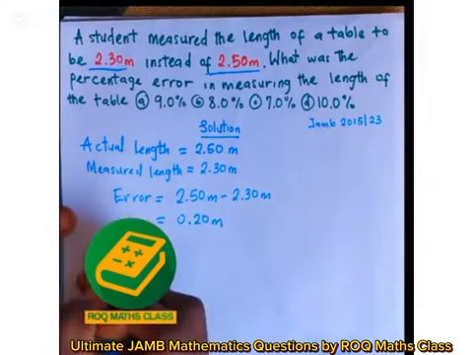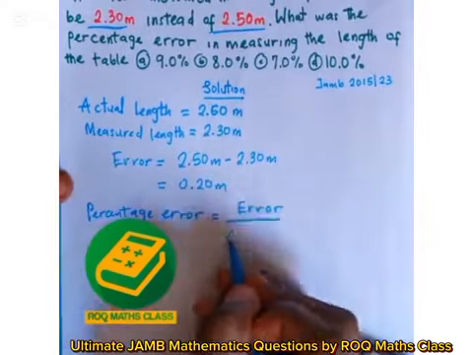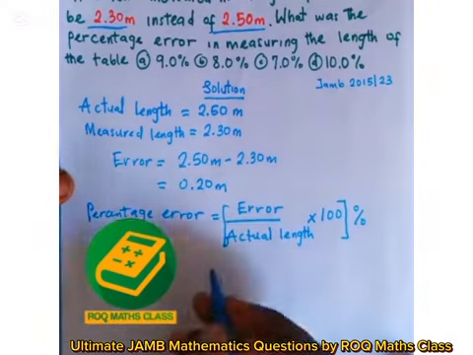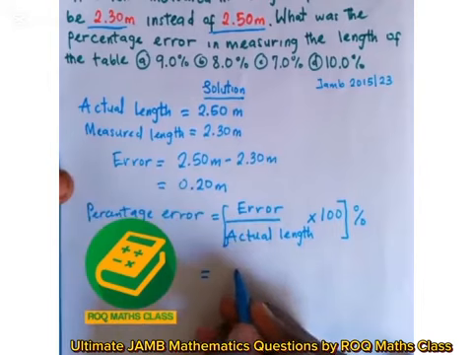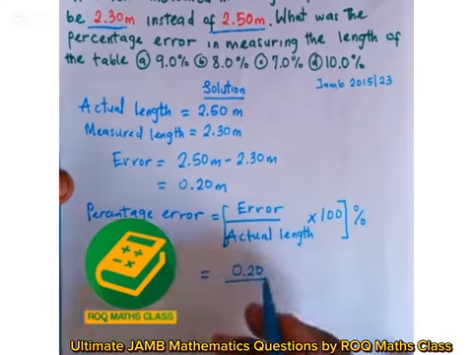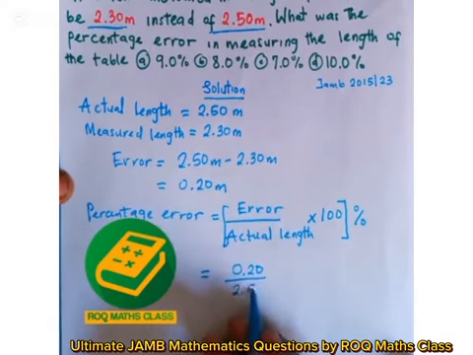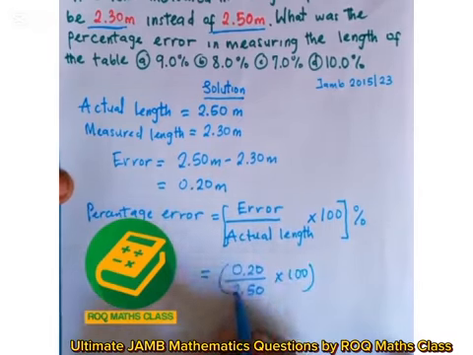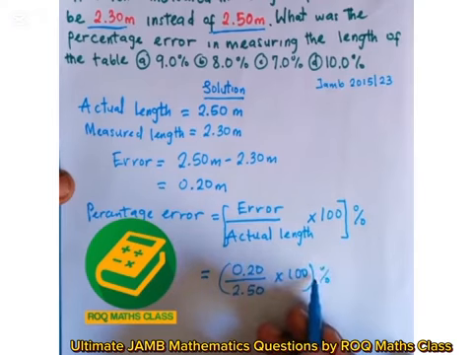Then the percentage error formula is giving us percentage error of actual length times 100. The error made is 0.20 over the actual length is 2.50 times 100. I have my percent outside.